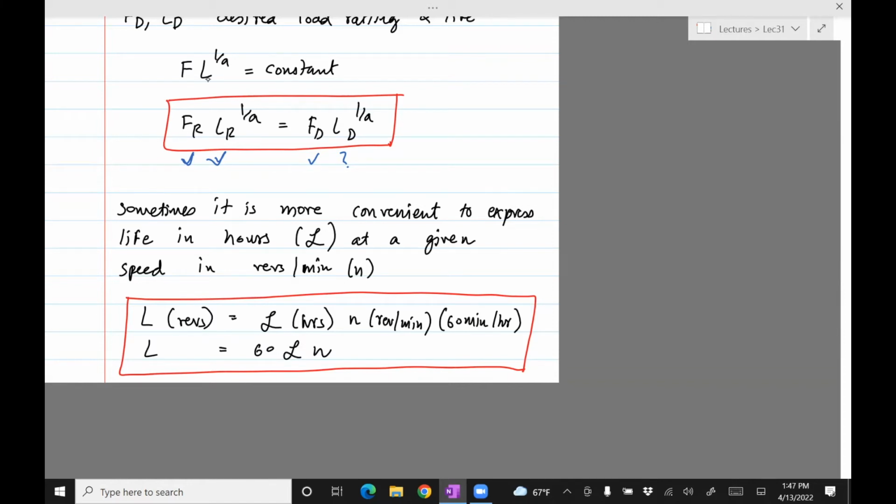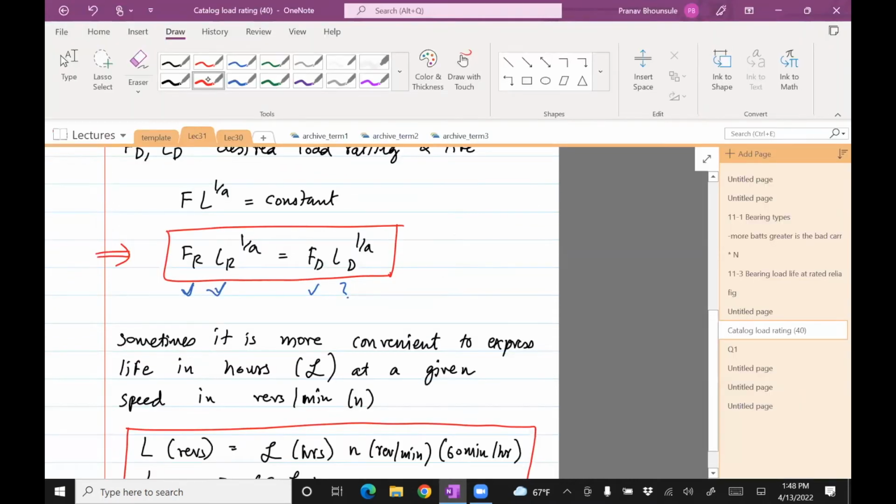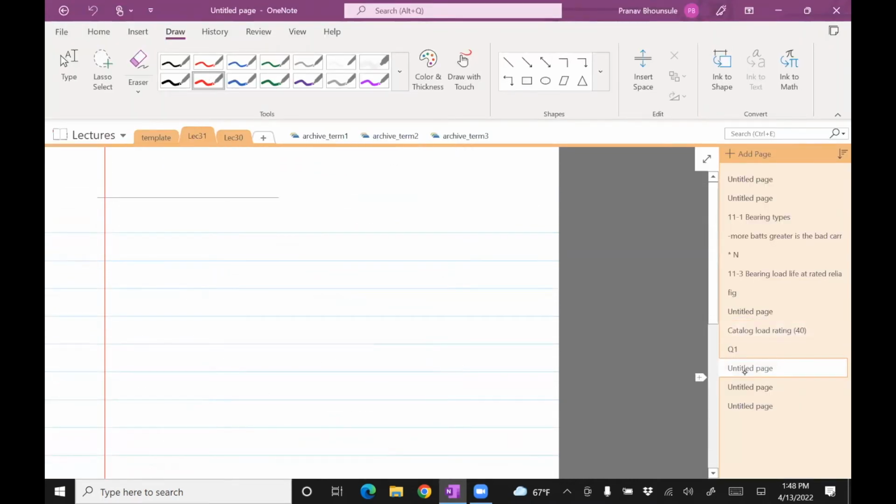Okay, one more thing, and I'll let you go and we'll do the problem next time. We can rewrite this formula in terms of the abbreviated L. Let's do that. F_R L_R to the 1 over A is F_D L_D to the 1 over A. Now let's substitute in the value.